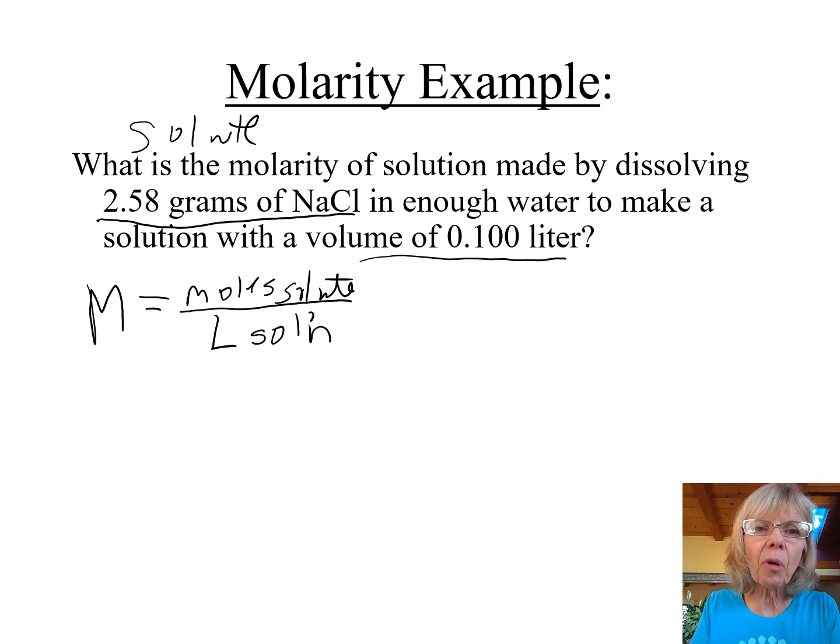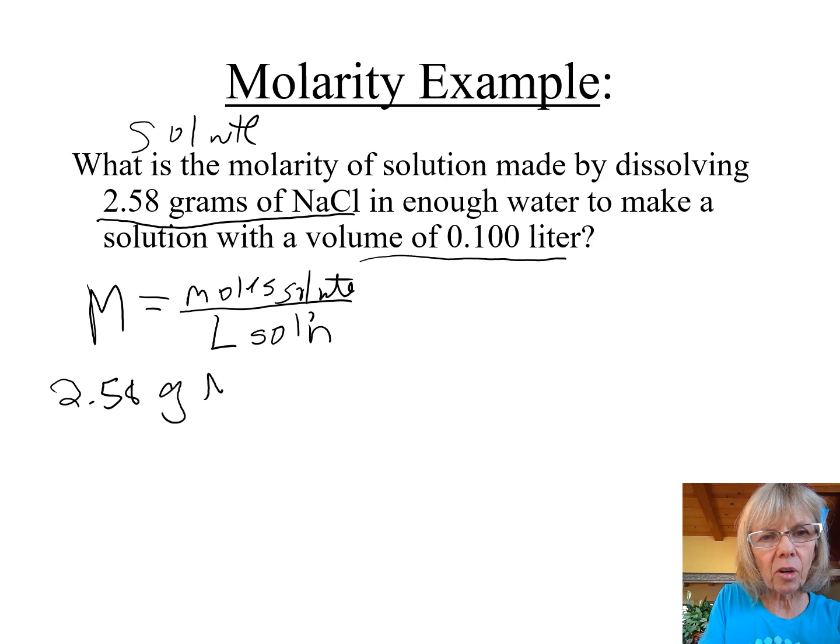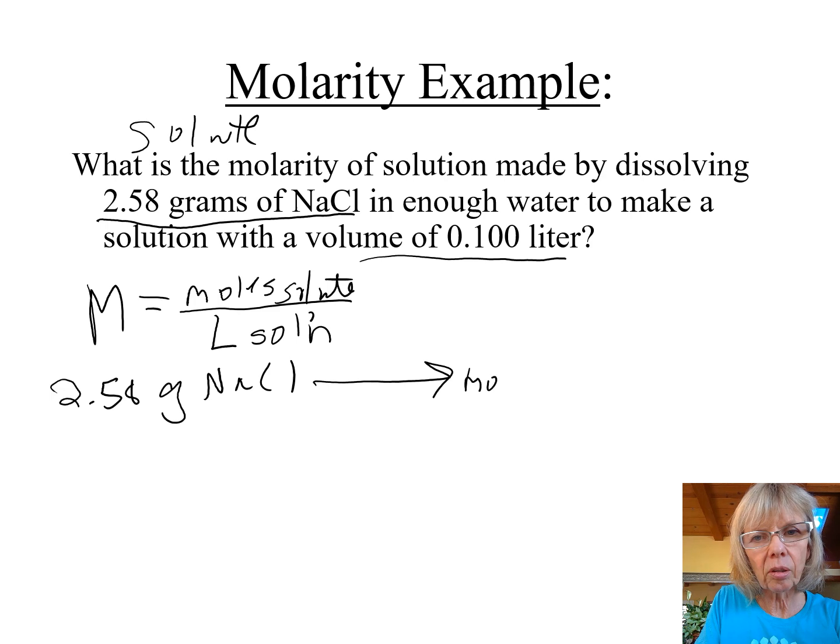Okay? In this problem, we're not given the moles of sodium chloride, we're given the grams. And so we can convert 2.58 grams of sodium chloride to moles using our molar mass of NaCl.